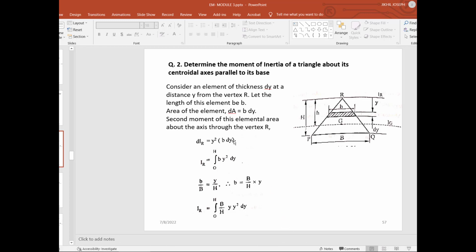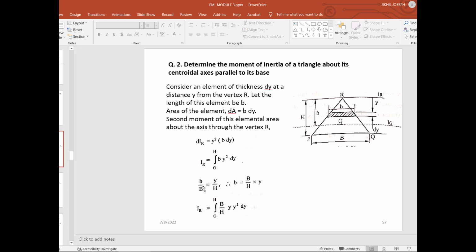Let the length of this element be b, and the area of the element is dA equal to b into dy. Second moment of the elemental area about the axis through vertex R: this is the vertex, and from here consider that the distance to this area is y. So dIR is equal to y square into b dy. So IR is equal to the integral from 0 to h of b into y square dy.